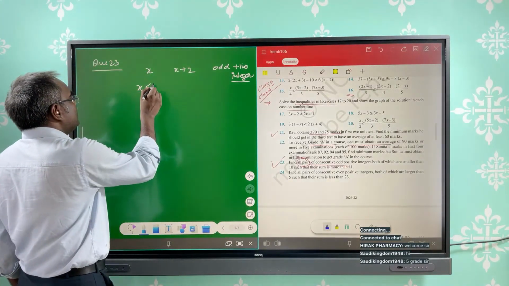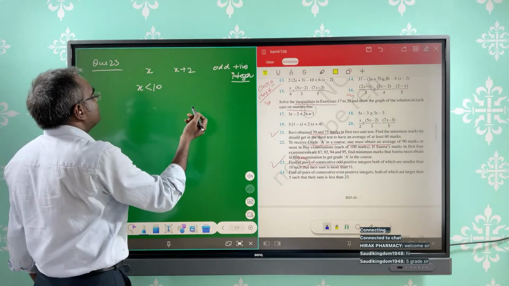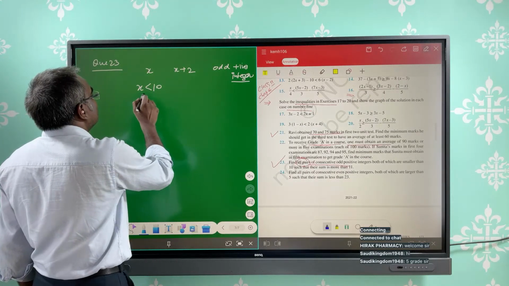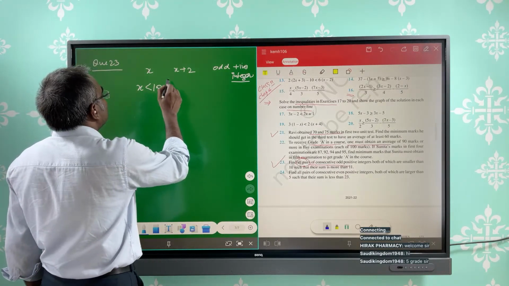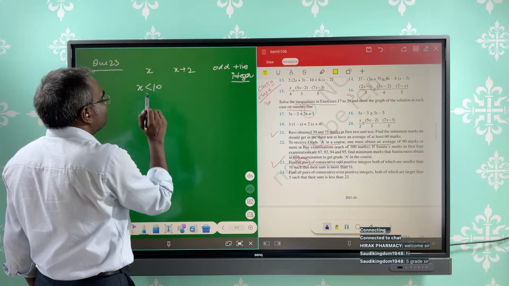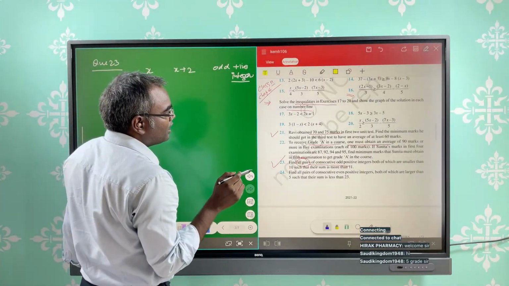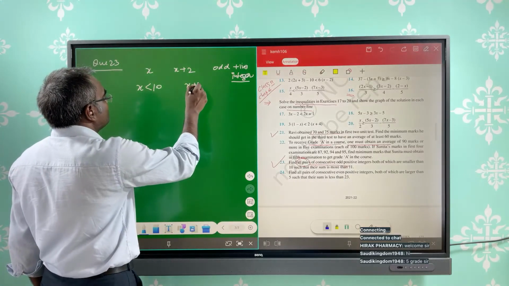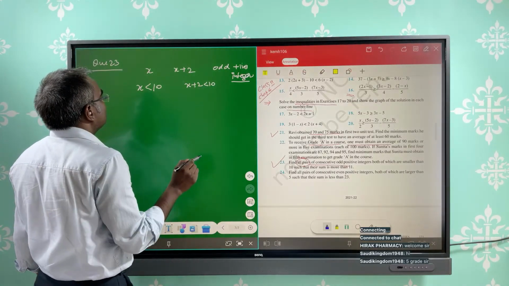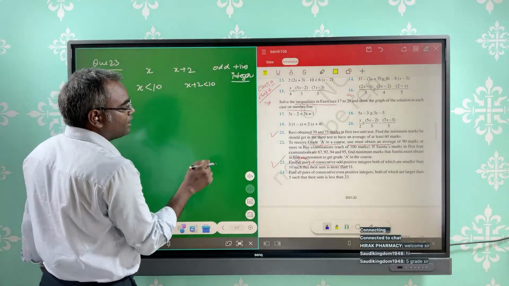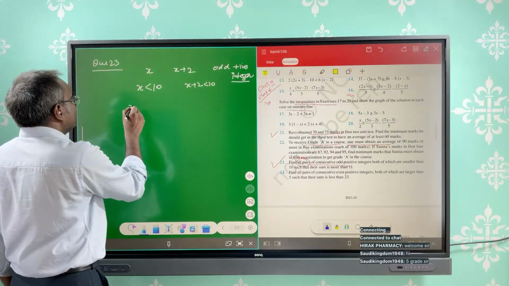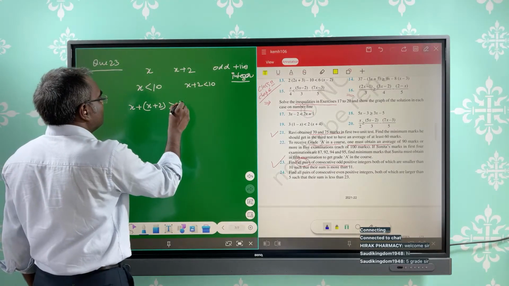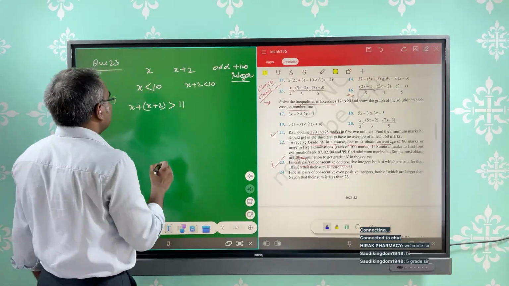So x is less than 10, and x plus 2 is also less than 10, since it is written both of which are smaller than 10. Now their sum is more than 11, so x plus x plus 2 is more than 11 as per the question.